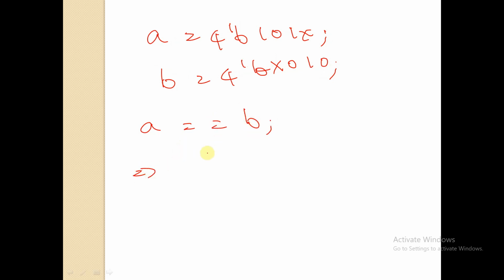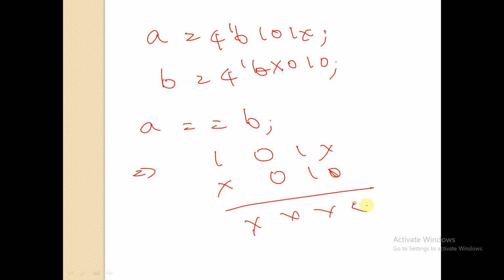It will compare bit by bit, 101x compared with x01z. So it will give unknown. A 4-bit unknown value will be given to us.